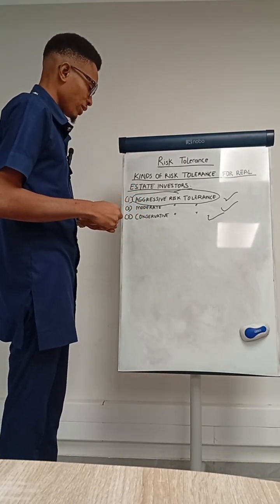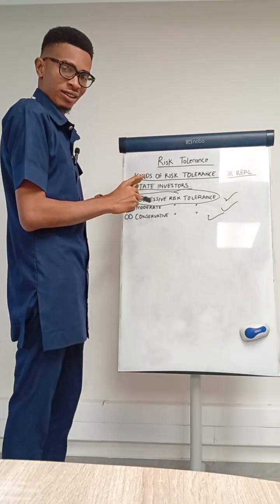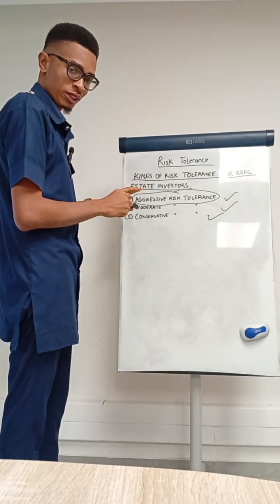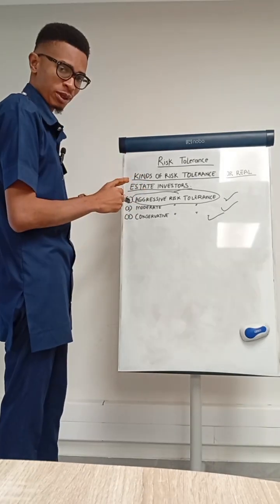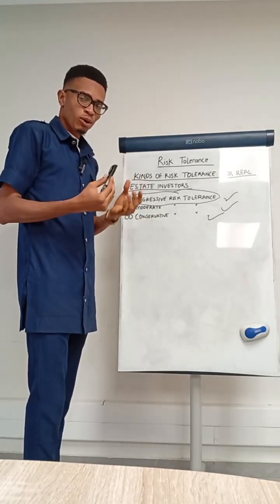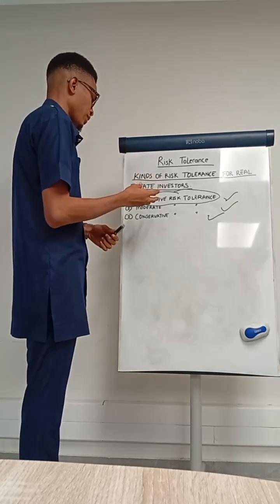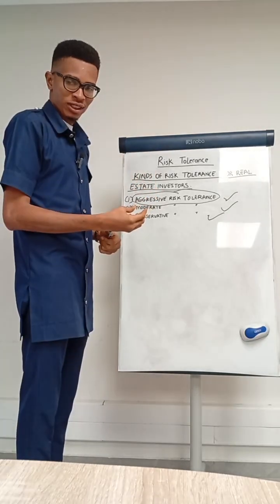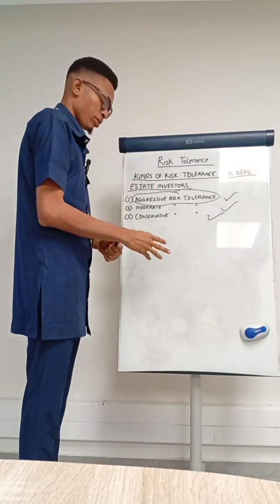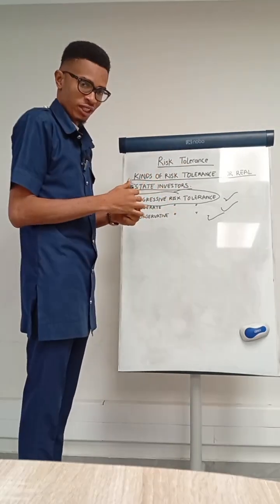These people take more risk in real estate investment. So the more the risk for them, the more the profit margin. You understand? Aggressive risk tolerance has more profit margin than any of these people. The more the risk you take, the more money you are likely to make.